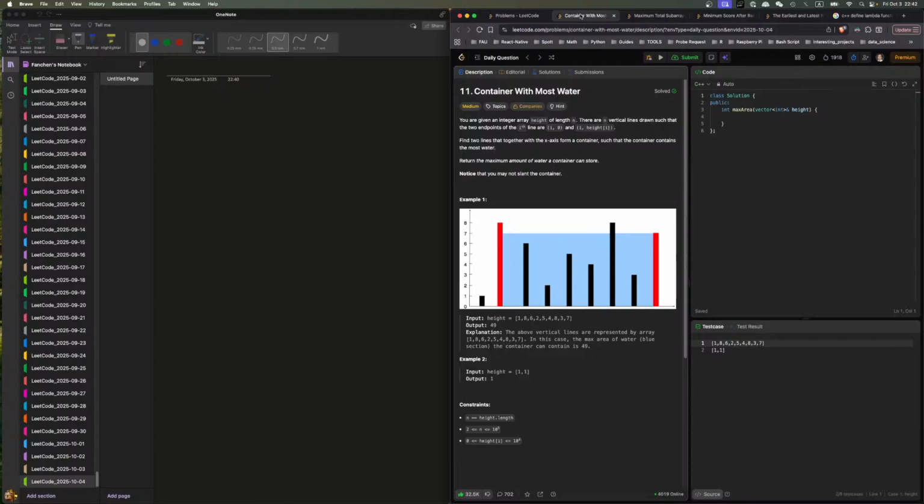Heights and vertical lines. Draw such that the two endpoints of the ith line are (i, 0) and (i, height).